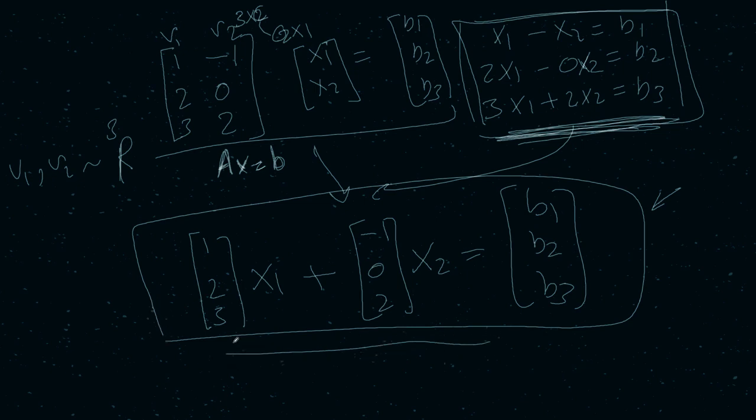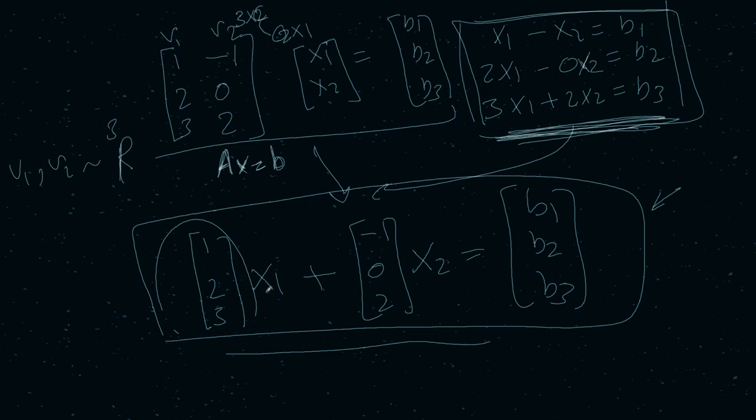What is the new thing that we can see from this representation? It gives us more insight about the system of linear equations, because it tells us that any resultant is a weighted sum of the columns of the matrix A. What we did here is multiply the first column of the matrix A by x1.